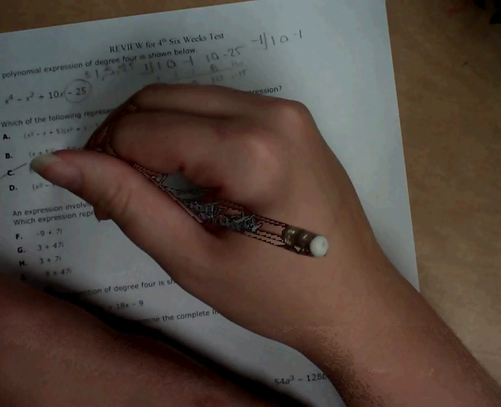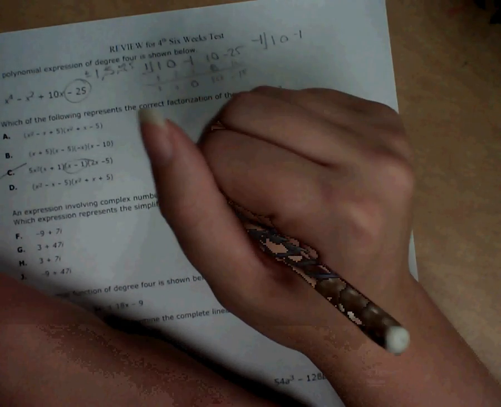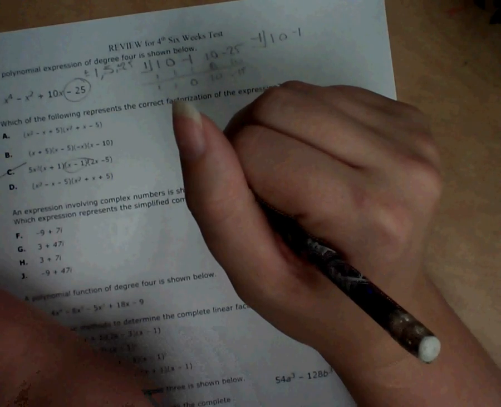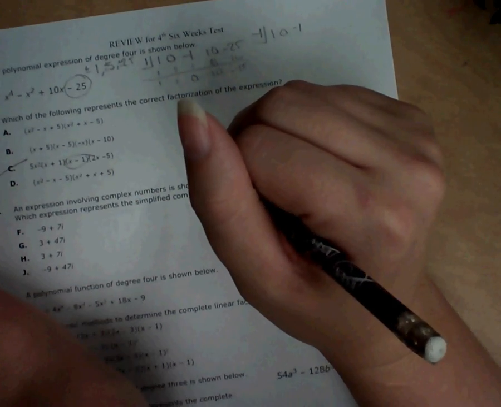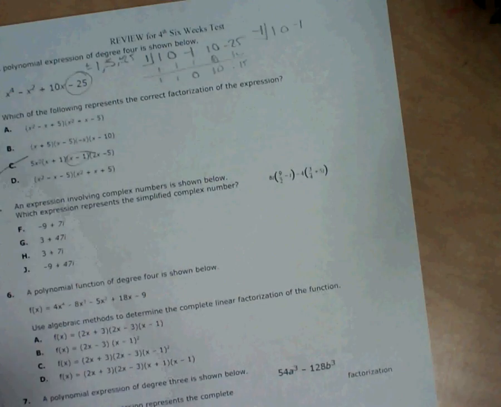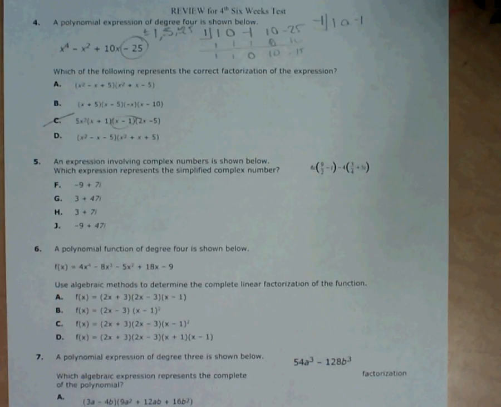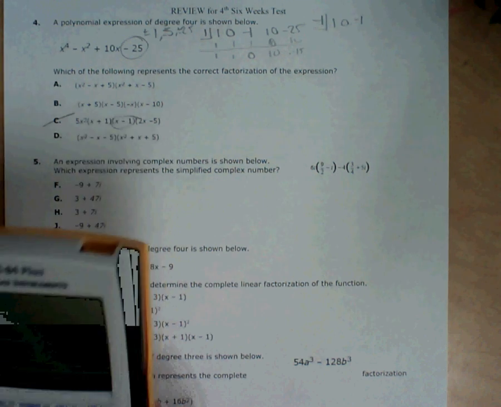I don't have any others that have. You know what? I'm going to show you an easier way of doing this. If you'll get your calculator and you go to y equals and type this in, we're going to see if it has any zeros.